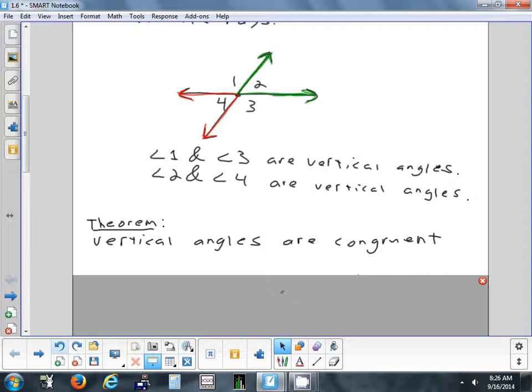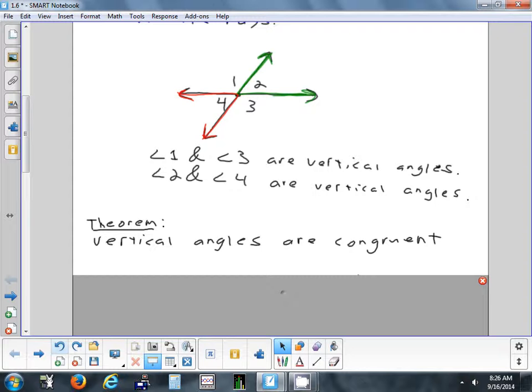This isn't a postulate. That's different. This is a theorem. Yeah? We don't prove it right or wrong, we know it's right. But with a postulate, we assume that it's right. Oh, so we could prove that it's right or wrong. Right. This is a theorem. Theorems have to be proven.